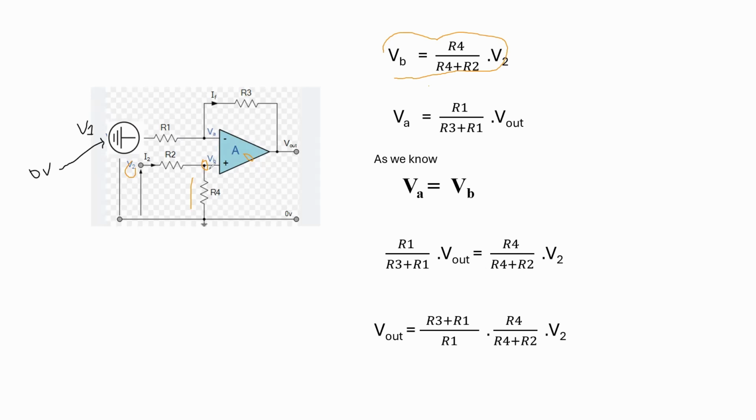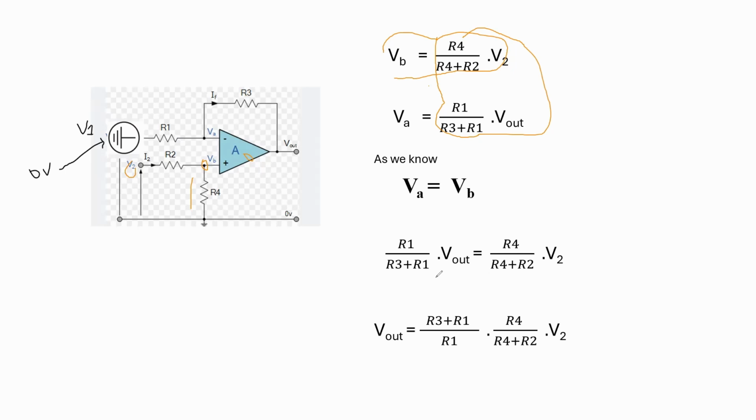As we know VA and VB are equal, so these two parts are equal. So R1 divided by R3 plus R1 multiplied by Vout is equal to R4 divided by R4 plus R2 multiplied by V2.